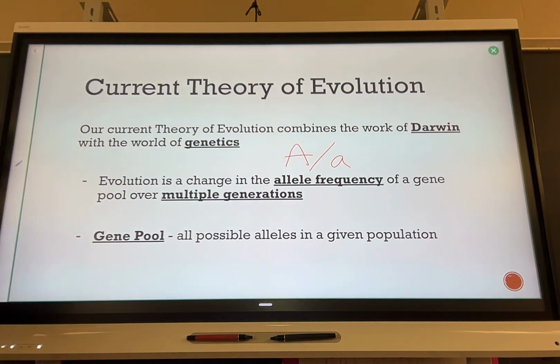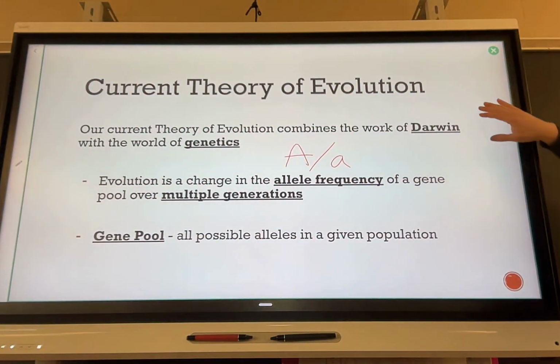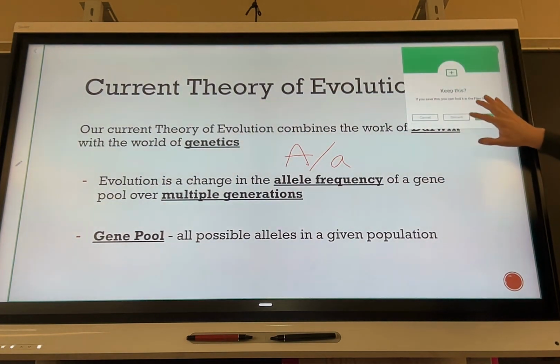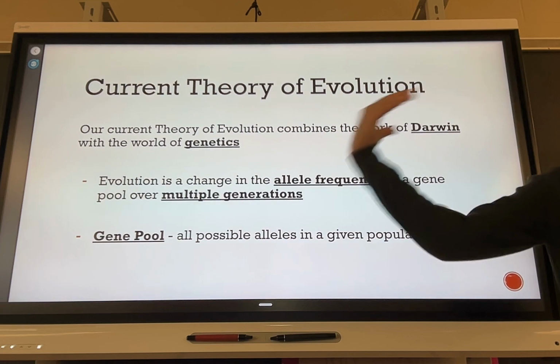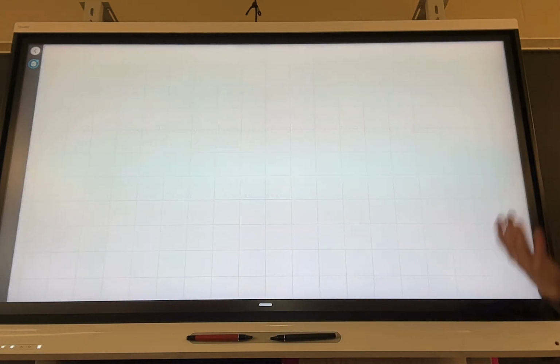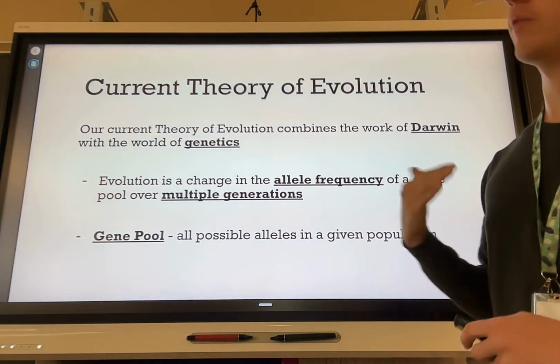And by gene pool, I'm talking about all of the possible genes in a given population. So if we have a population of rabbits, they could have dark coats, light coats, coats with different shades, with different patterns on it. Those would all be different alleles of the same gene, assuming they were all for the same trait. So how do those genes change over many generations?